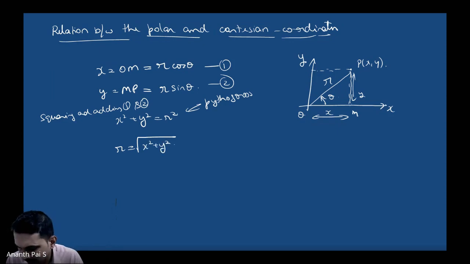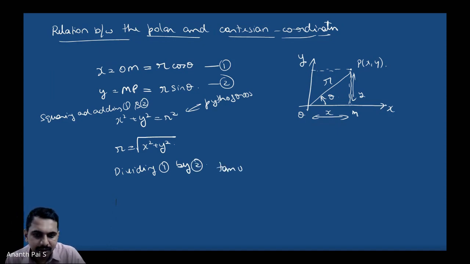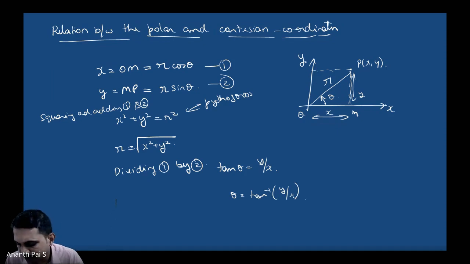Very nice. Then dividing 1 by 2, what do we get? We get tan theta is equal to y by x. Simple and straight. Or theta is equal to tan inverse of y by x. Nothing great in that, you know it. Or we can write that x comma y is similar to r cos theta comma r sin theta.